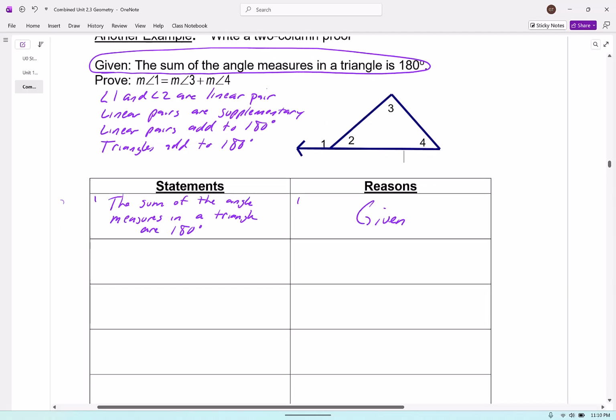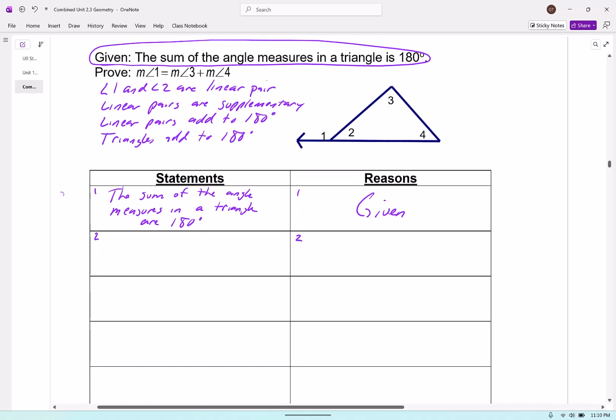Our second step: let's just establish some bits of information. We have angle 2 plus angle 3 plus angle 4 equals 180 degrees. Well, why?